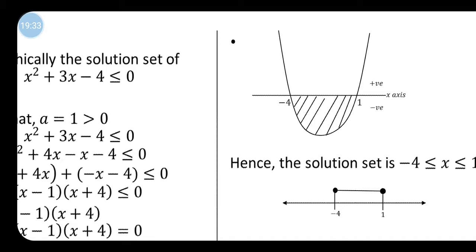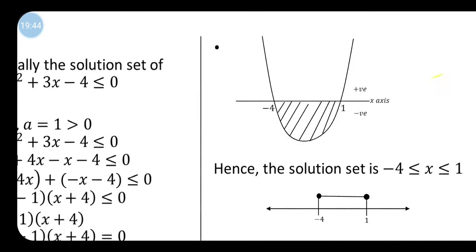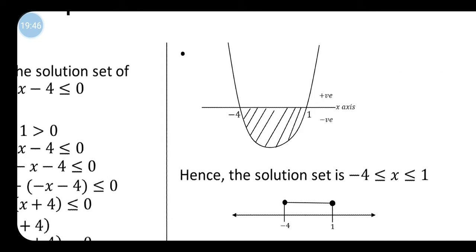The graph is negative. All right, but they want us to find where the graph is negative. So that is between -4 and 1. Hence, the solution set is -4 is less than or equal to x is less than or equal to 1.